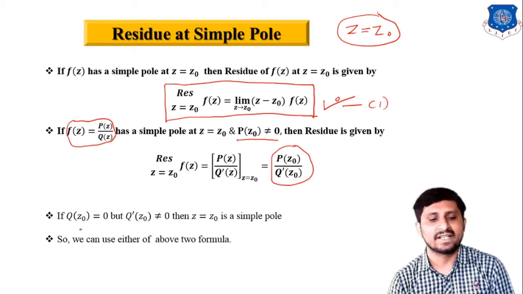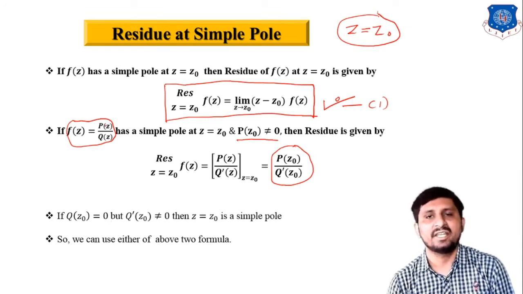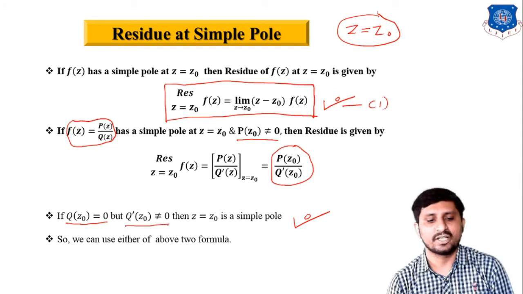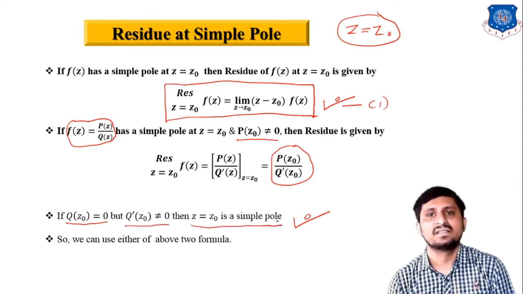Now, from this function it's quite tricky to understand whether z0 is a simple pole or not. So for that you have to follow this method. If q of z0 is equal to 0 and q dash z0 is not equal to 0, then we can say that z0 is a simple pole.